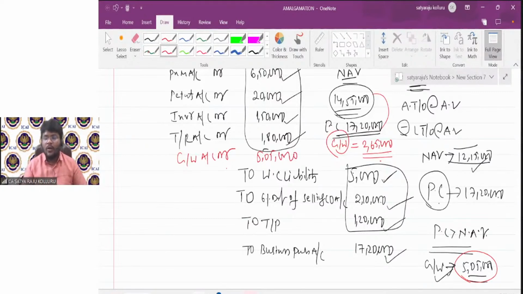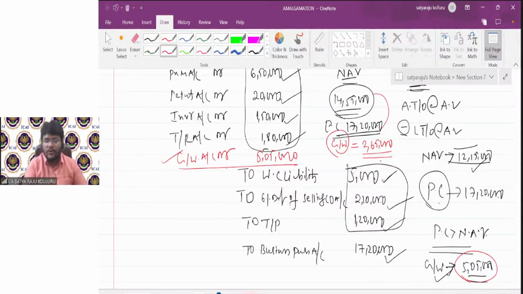Then how should our thought process be, sir? If the purchasing company is acquiring the goodwill of the selling company also, then no need to incorporate it directly. You will derive it as the difference between PC and NAV, as goodwill or capital reserve. Do you understand? Even though the purchasing company is acquiring all other assets along with goodwill, don't incorporate it in the second entry. While comparing PC with NAV, it will be automatically incorporated.